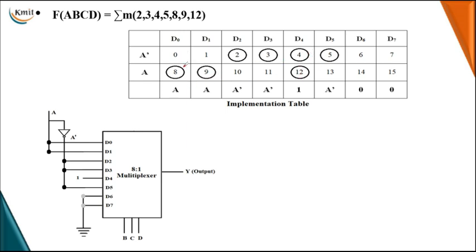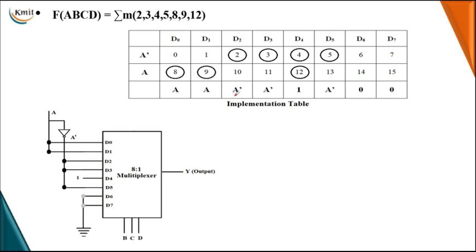If you have one circle, and it belongs to the row of A, let me connect the first data input to the most significant variable A. Next, D1, in this column of data input 1, the ninth minterm corresponds to the row of A. Hence D1 is also connected with the most significant variable A, whereas D2 is on the first row, which belongs to A bar.